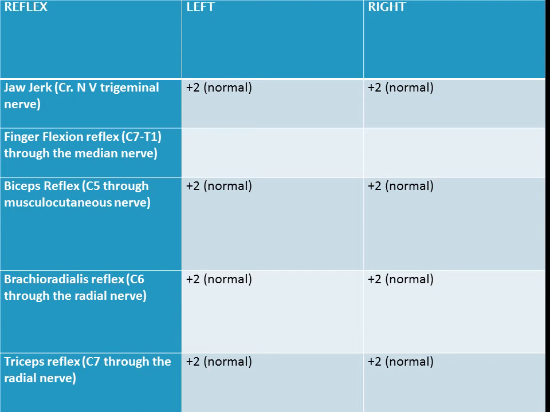And then the medial and lateral hamstring jerks are both S1 reflexes, but they are clinically different in that the medial hamstring reflex, and I'm talking about the reflex of the semimembranosus and semitendinosus muscles, is mediated through the tibial nerve, and the lateral hamstring reflex is mediated through the peroneal nerve through its innervation of the short head of the biceps femoris muscle.